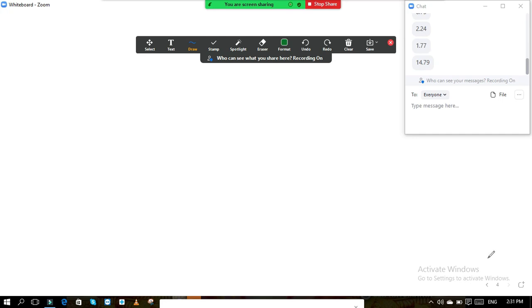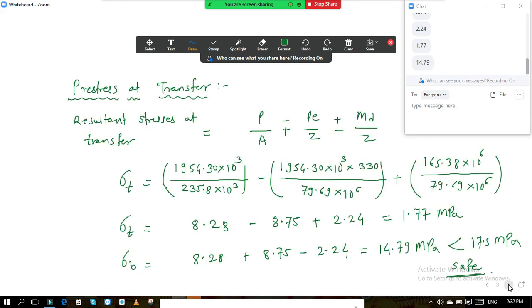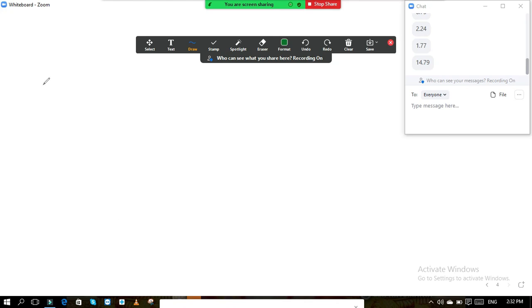So next is stresses at final stage. This, at transfer, means the initial stage. So now stresses at service stage, or final stage. Again, the resultant stress sigma is equal to, what is the formula?